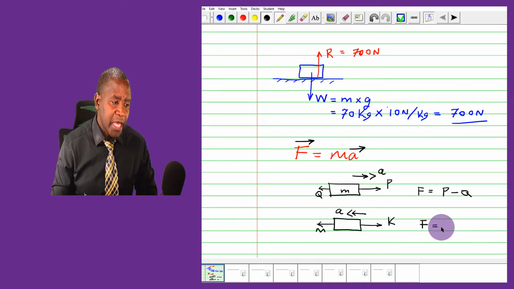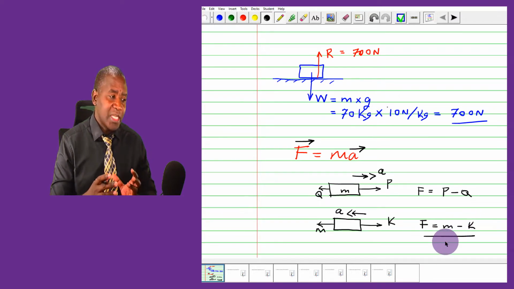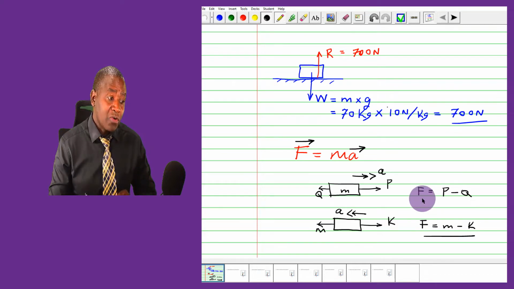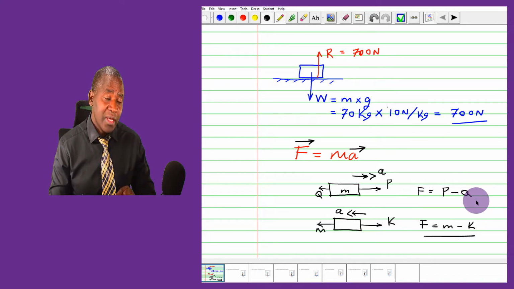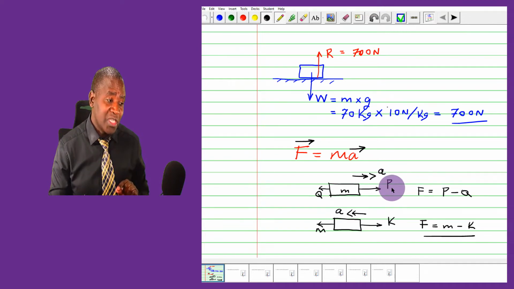F is M minus K. That is how we deal with the concept of the resultant force, how to determine its direction. I can either use acceleration or the actual magnitudes that have been given, and then I substitute those values here.